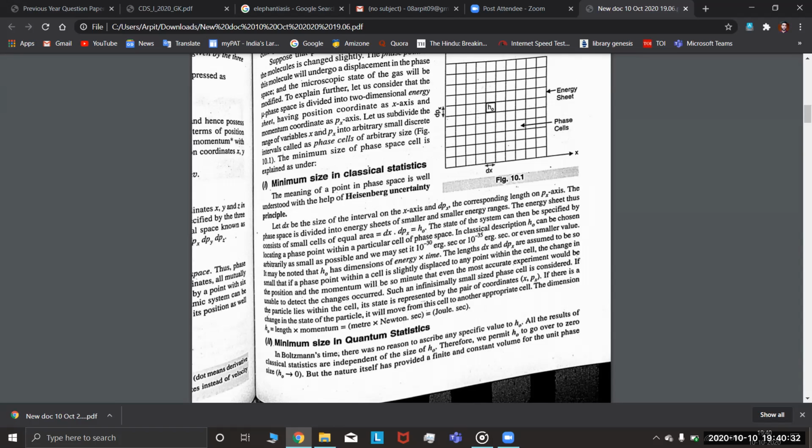So in quantum mechanics, the phase cell's area is going to remain h, which is Planck's constant.